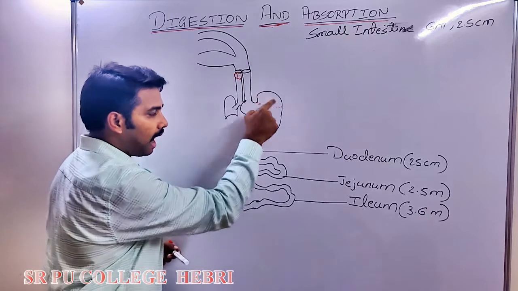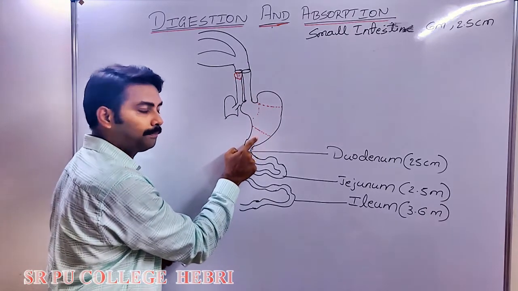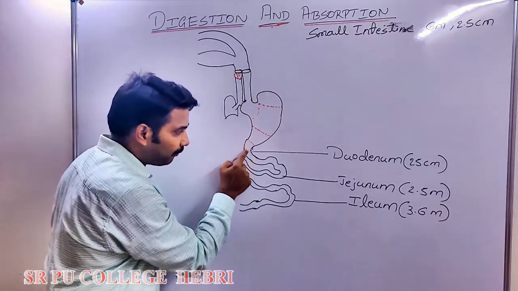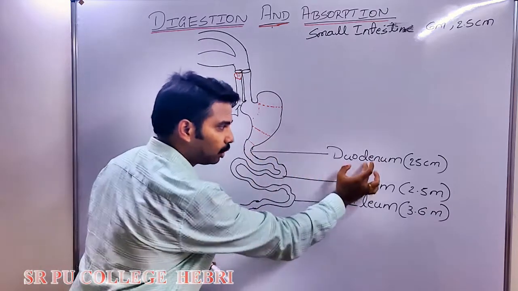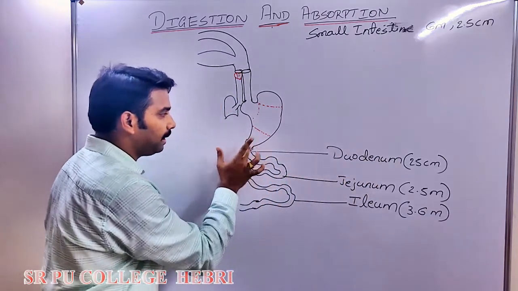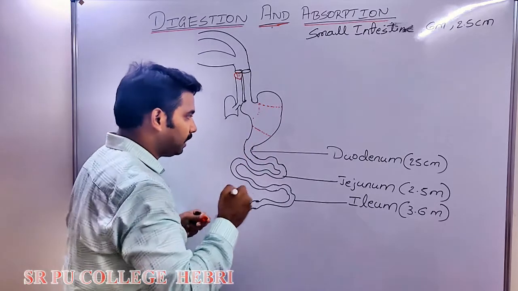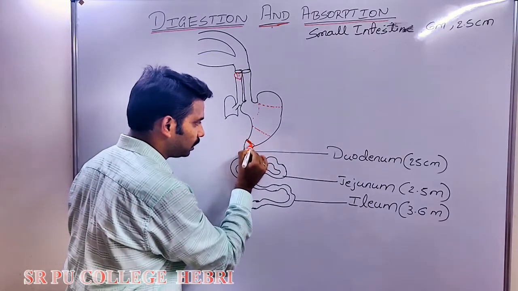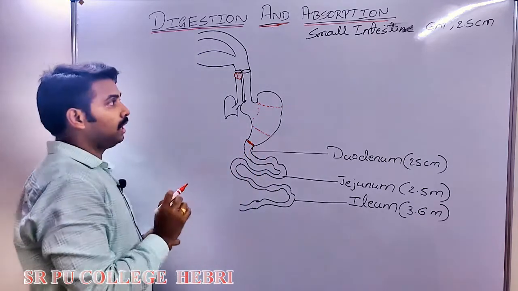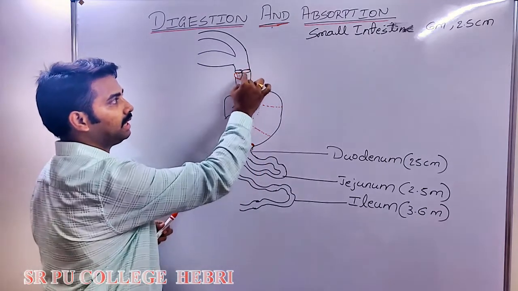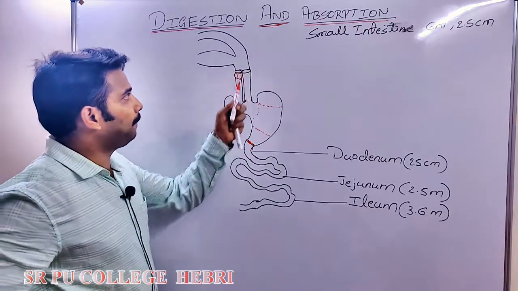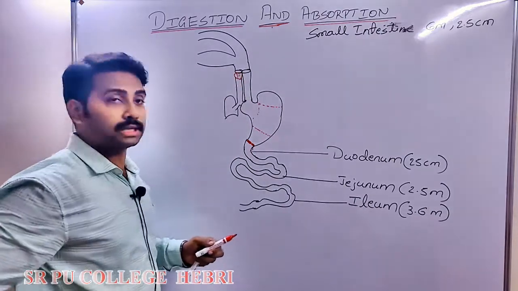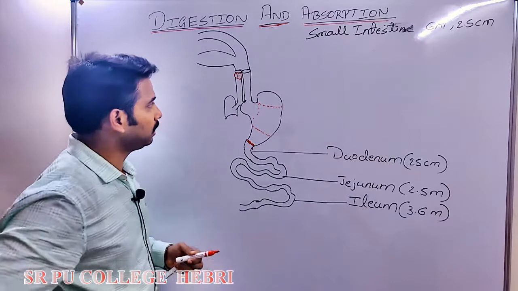Now just focus here. In between the last part of the stomach called pyloric and the first part, which is very short, called duodenum, you will find the presence of a sphincter. The sphincter present in the upper opening of the esophagus is called upper esophageal sphincter.